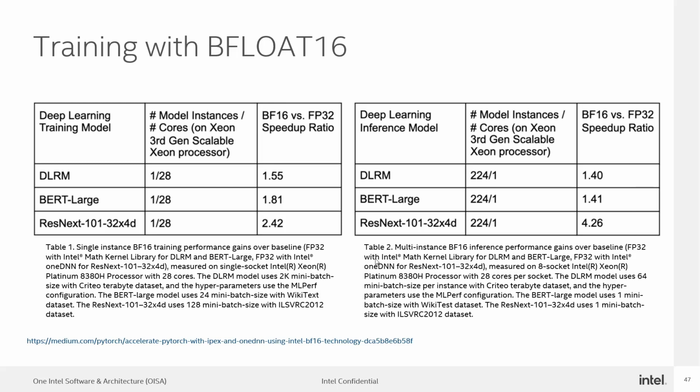We conducted this training on the third generation of Xeon Scalable processor. We used three topologies: one is Facebook DLRM, another is BERT large, and the third is ResNeXt 101 with the 32x4d topology.